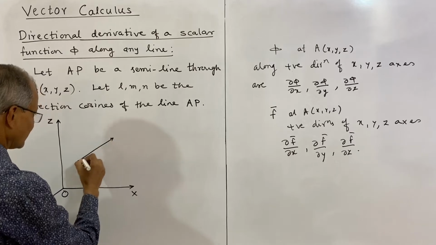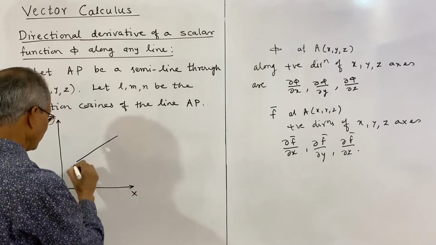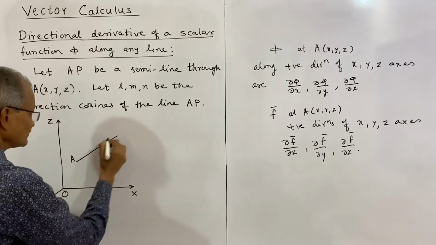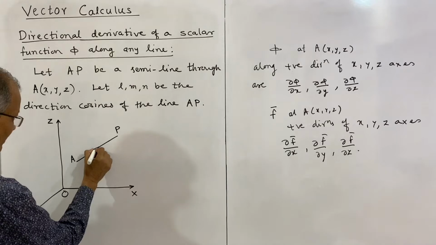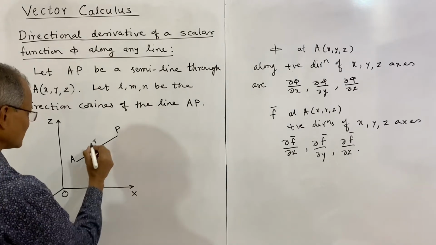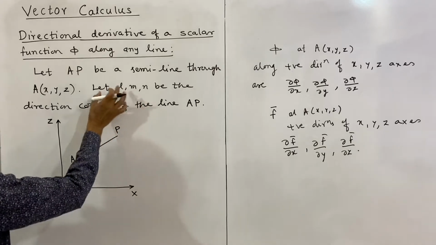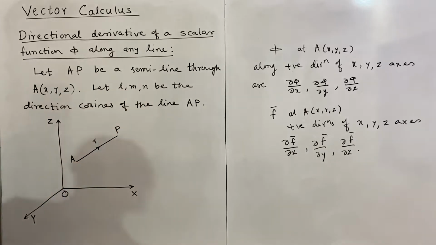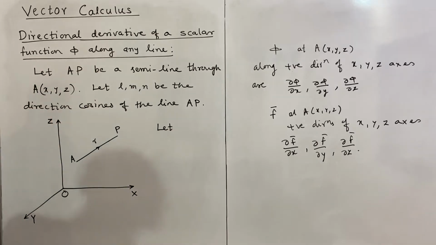Suppose this is the line AP, and now we suppose the distance between A and P is r. The coordinates of A we have written as x, y, z. Let the distance of P from A be r.